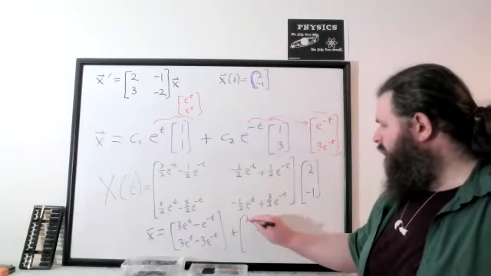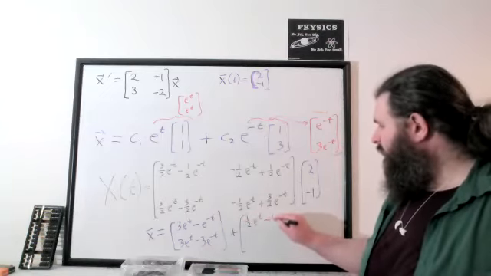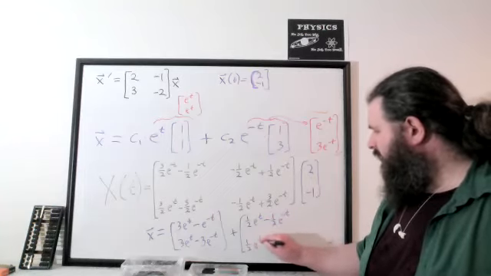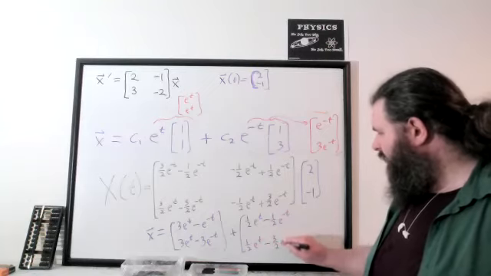So that'll be positive 1/2 e to the t minus 1/2 e to the negative t, positive 1/2 e to the t minus 3/2 e to the negative t.